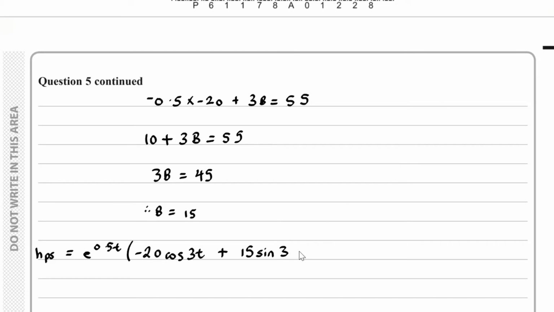Okay, and also we can find out the particular solution of the speed.